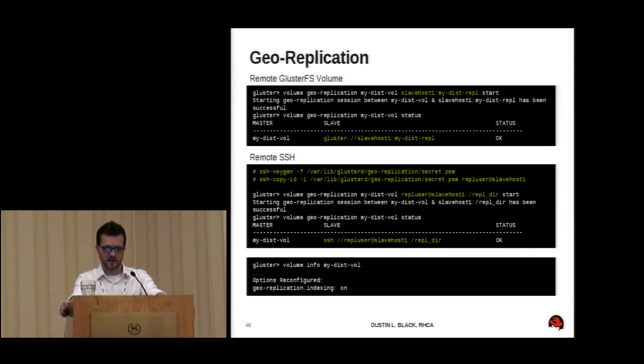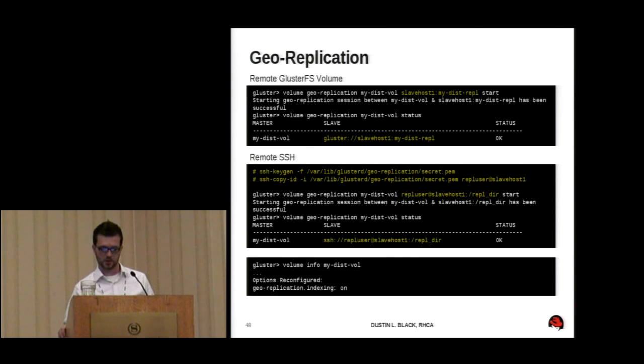But just to kind of show how that would be set up, you do actually need to set up SSH keys for Gluster. Those secret.pem files have got to be in place. And then you see in this case, I've actually passed it a username at the remote host, and when I give the directory structure, I've now given it a colon and slash, which is indicating that it's actually a directory structure and not a volume name.